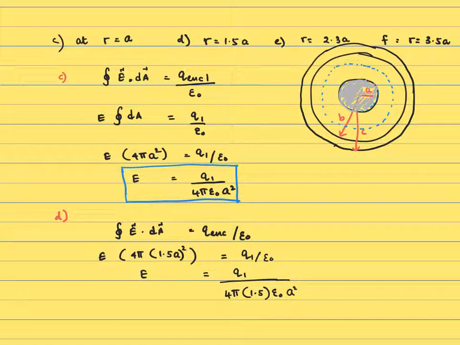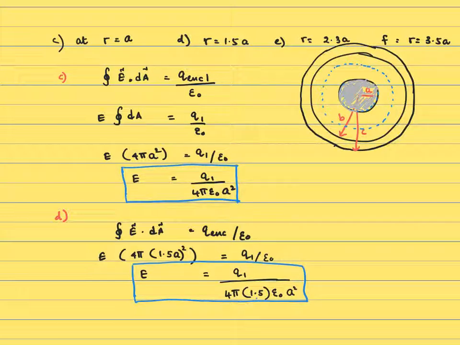If you compare the answer we got for part C and the answer for part D, this answer is smaller than before, because here we have an additional 1.5 in the denominator, so the denominator is bigger than before. So this E field, as we expected, is smaller than the previous one.